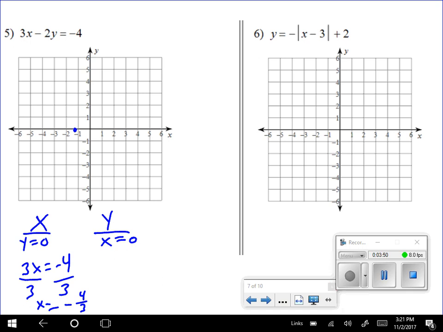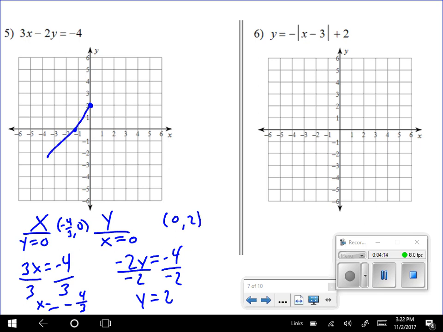Now, when y equals 0, the y-intercept, when x equals 0, we're going to have -2y equals -4. Divided by -2, y is going to equal 2. So it hits the y-axis at 2, because this is -4/3, 0, and this would be 0, 2.